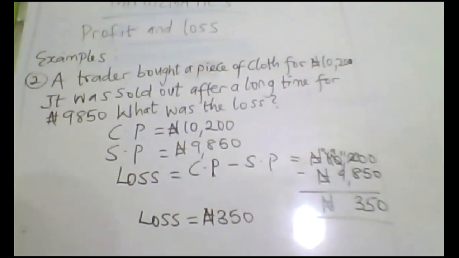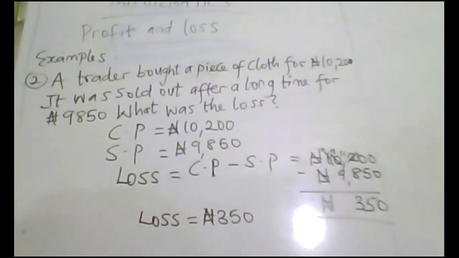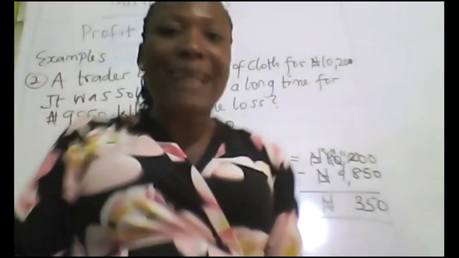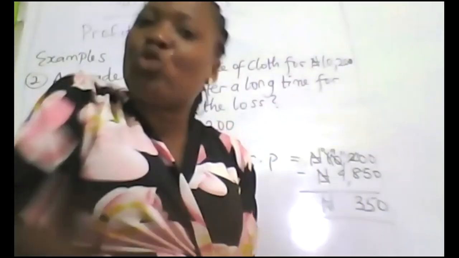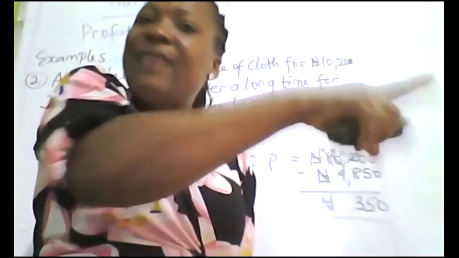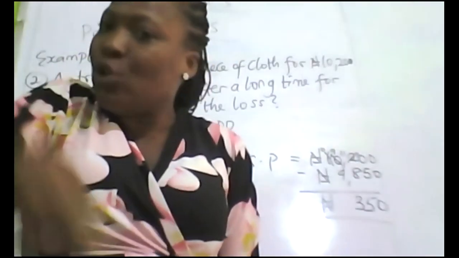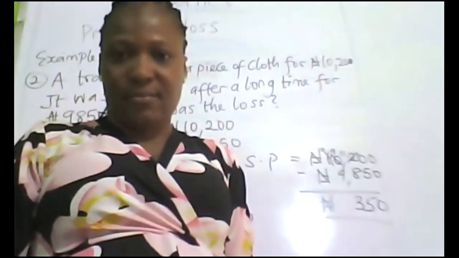The first thing is for you to get the cost price. Once you get the cost price, look for the selling price. Once you get the selling price, then you know if it is a loss or a profit. If the cost price, the amount you buy it with, plus your stress and transport fare, is more than the price you sell it at in your shop, then it is a loss.